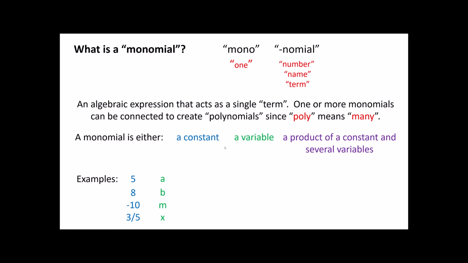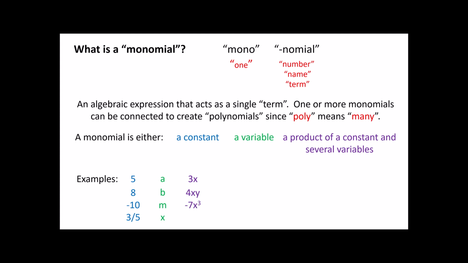What's of more interest or greater interest to us is this last idea here, this product of constants and several variables. Product, of course, means multiplication. So if I were to give you 3 times x or 3x, that is considered to be a monomial. 4xy is a monomial because it is the constant 4 multiplied by an x and multiplied by a y.